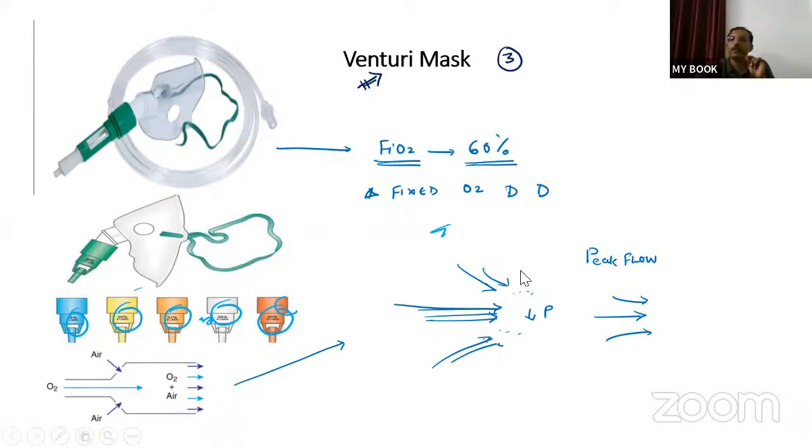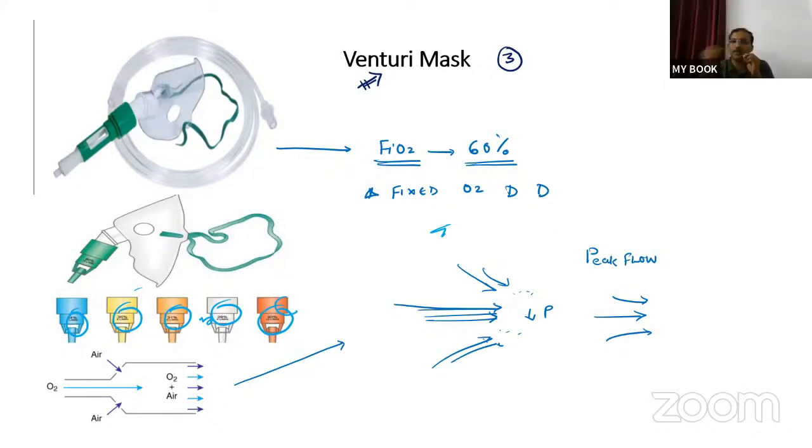What is the normal minimum PEEP value we should keep? The minimum PEEP you need to keep for a patient on an endotracheal tube is 5. 3 to 5 is the range given. 5 is the minimum as far as entrance exams are concerned. No, color coding we shouldn't bother with, because till now there was no question asked on color coding of Venturi.